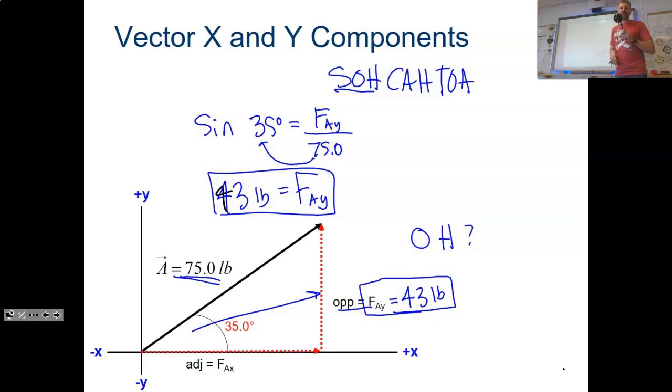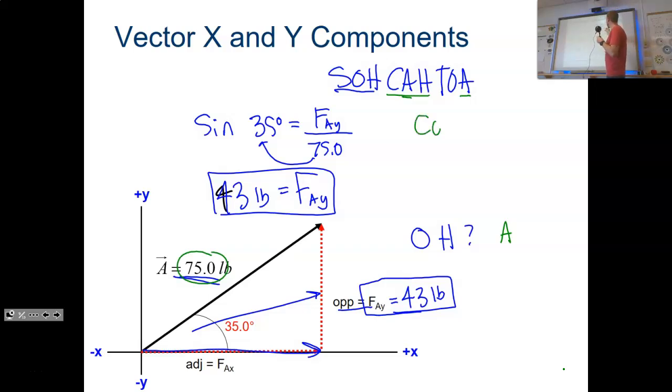Now the next thing we want to know is, how much are we pulling to the right? Now for this one, we're going to use the adjacent. So which function uses adjacent? A couple of them. I like to use cosine, because this hasn't been rounded. So I'm going to use the cosine because it uses adjacent and hypotenuse.